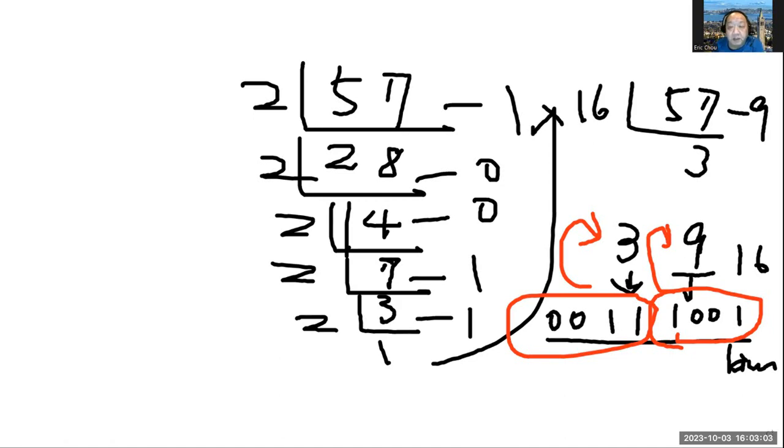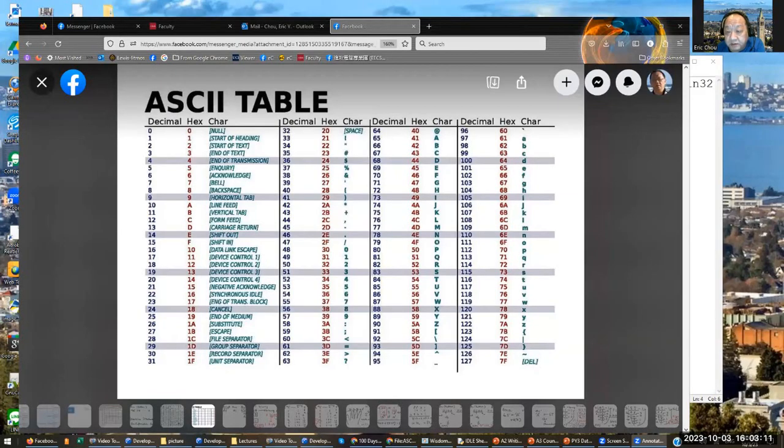Let's assume that we look at G. G is 103 decimal, 67 hexadecimal. 6 is 0110, 7 is 0111.